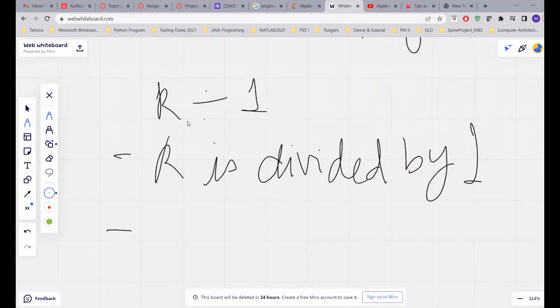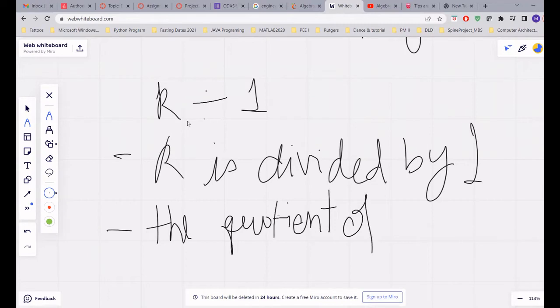Or we could say the quotient of k and 1. These are the two ways we could express this expression in words.